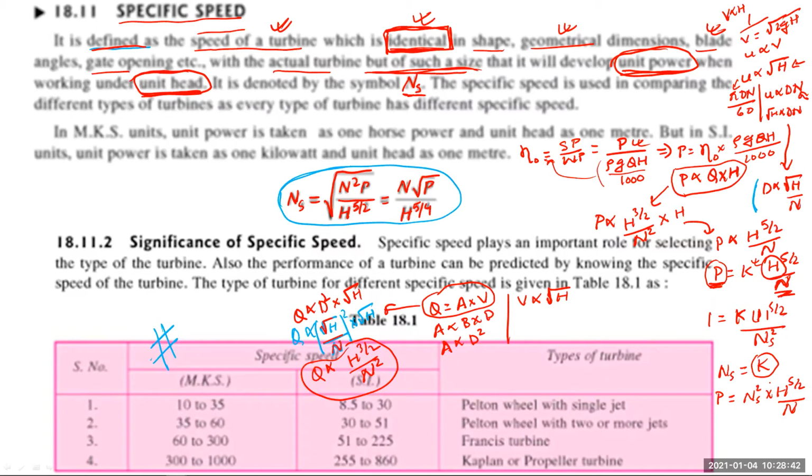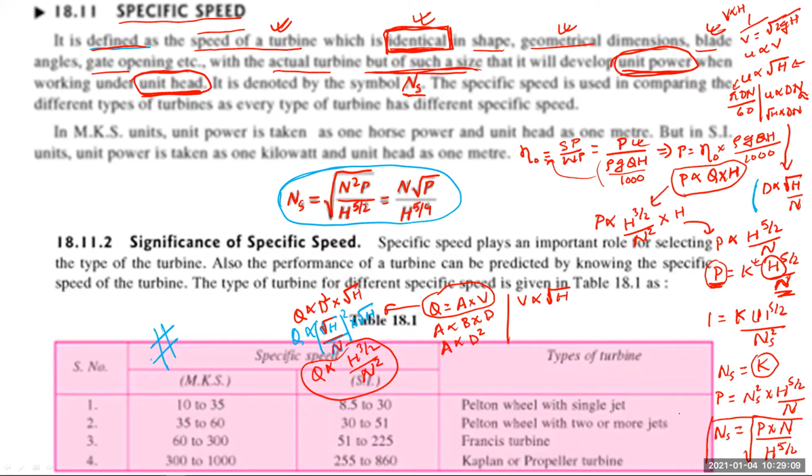So now from here, if you write what is NS, NS will become N into root P upon H raised to the power 5 by 4. The square terms I am removing, so here the root term will come into picture.